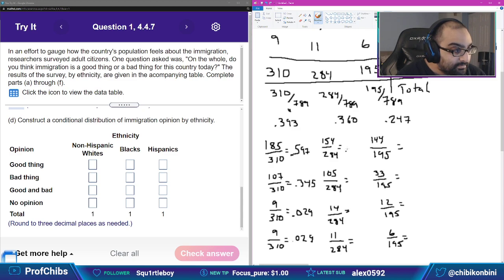0.542. 105 over 284 is 0.370. Alright, 14 over 284 is 0.049. 11 over 284 is 0.039.